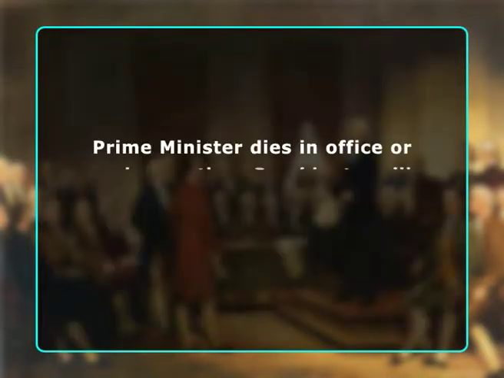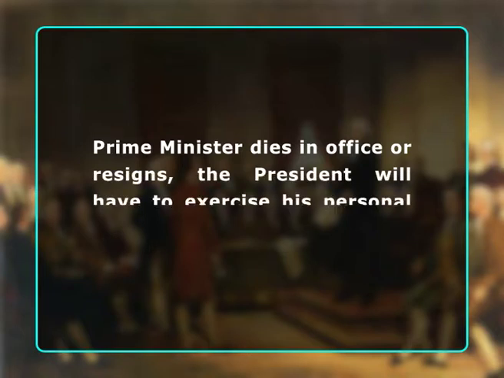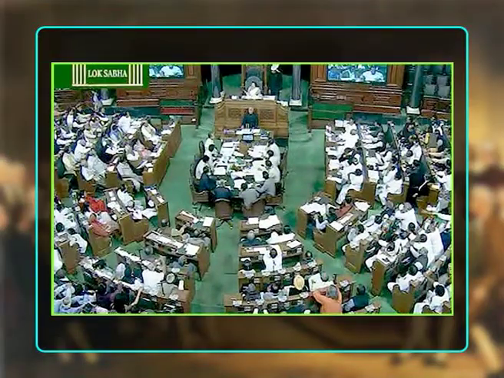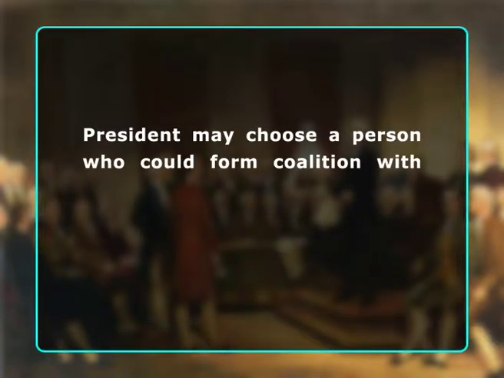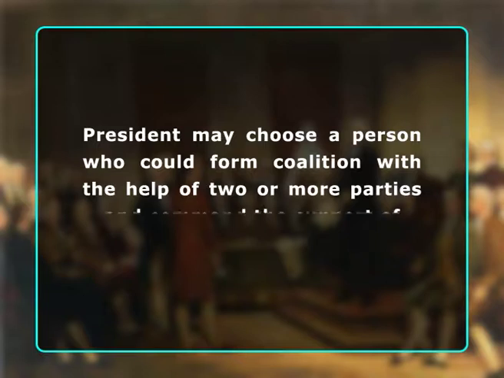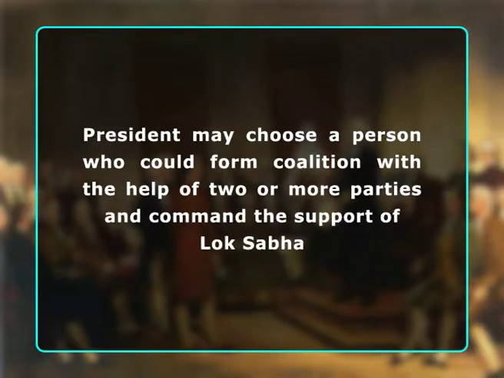But in circumstances where the Prime Minister dies in office or resigns, the President will have to exercise his personal judgment. Also, in circumstances when the party may have no recognized leader or neither of the two parties may be able to form a government and command the support of the House of the People, the President may choose a person who could form a coalition with the help of two or more parties and command the support of Lok Sabha.